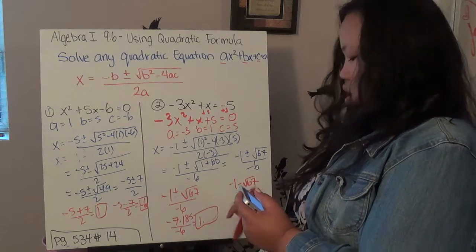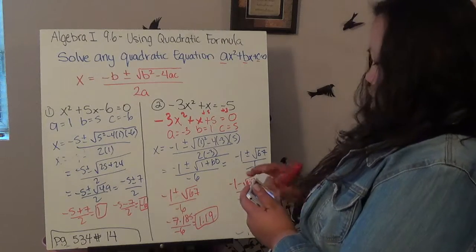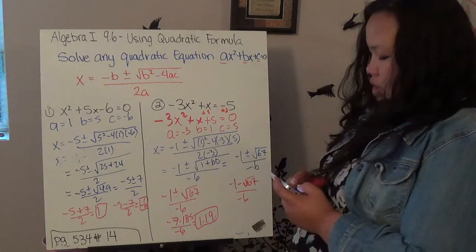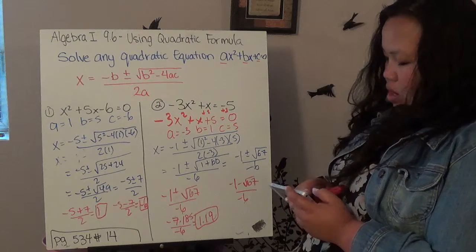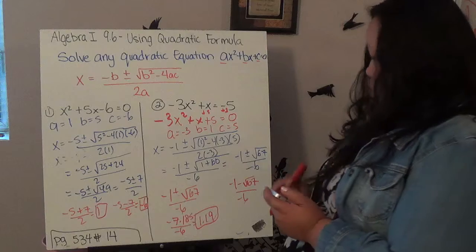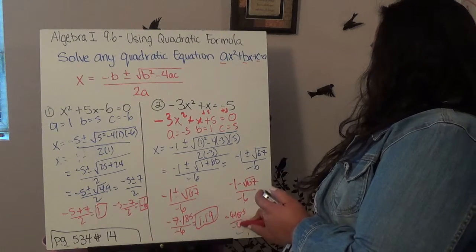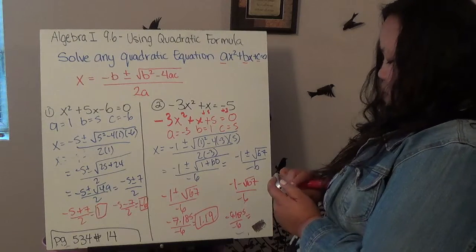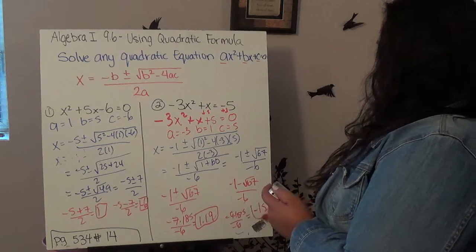This is 1.19. And this one is -1 minus the square root of 67, which is -9.185 over -6, which gives me 1.53.